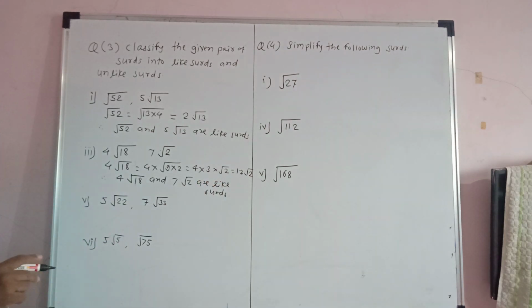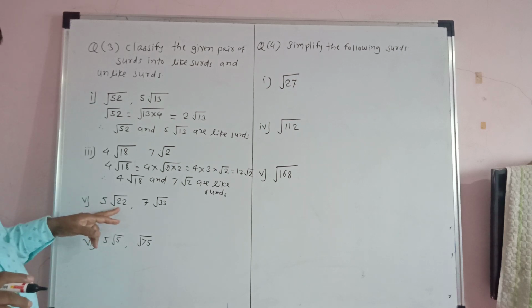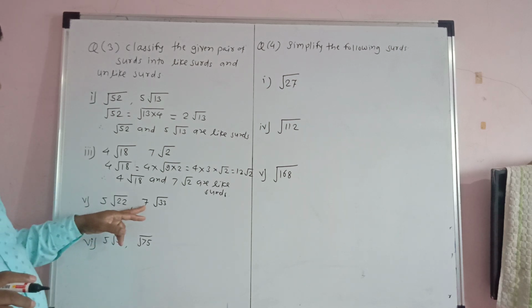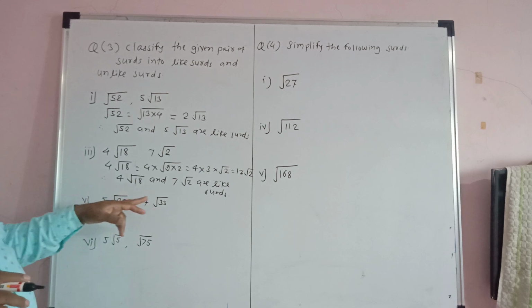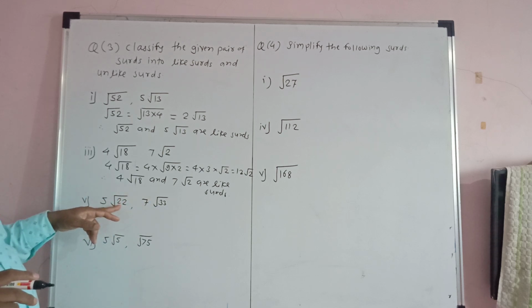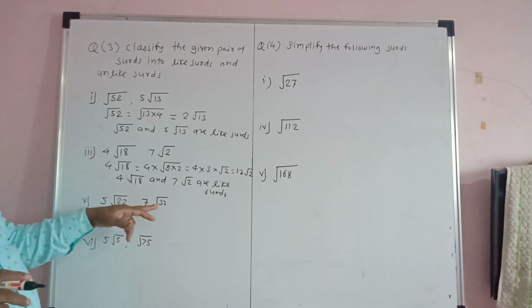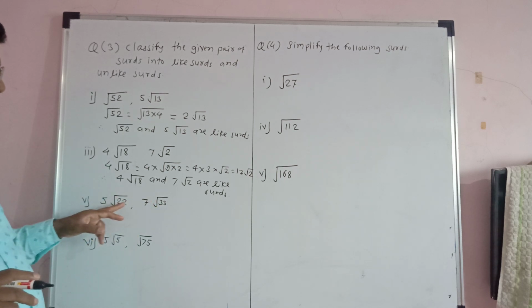Now let us see 5 root 22 and 7 root 33. Here the orders are the same. In root 22 the order is 2 and in root 33 the order is 2, but the radicands are different.